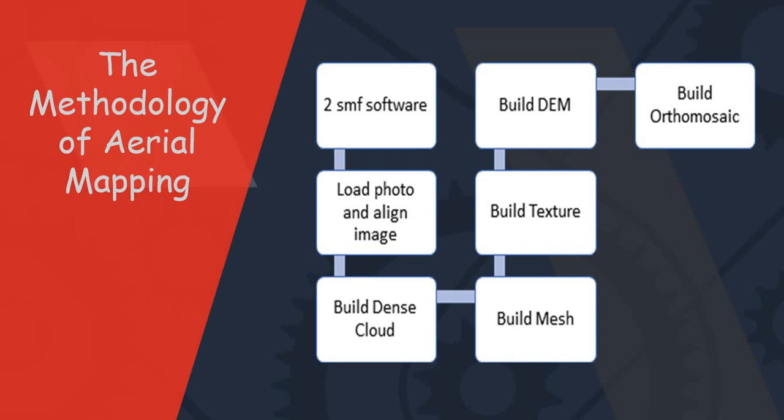Next is the methodology of the aerial mapping. The methodology starts with choosing two SfM software, then loading the photos and aligning the images. For Agisoft Metashape, we used 39 photos from the drone.